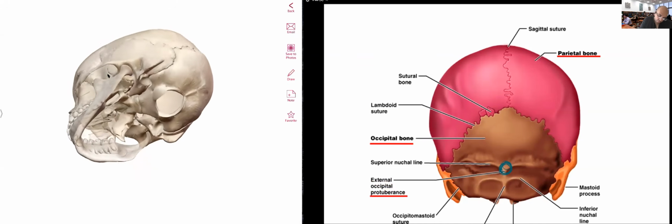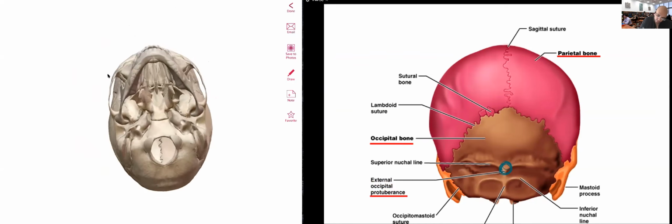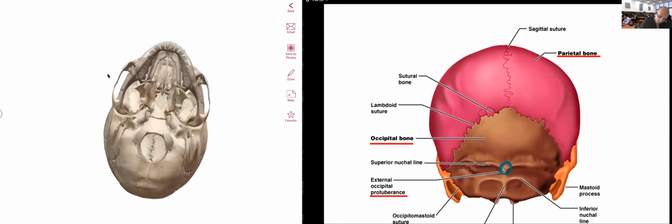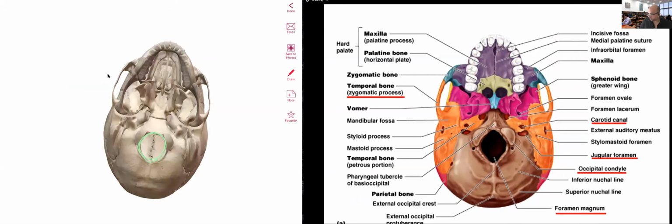What other important marking do we need to look at here? It's going to be this large hole at the base of the skull. If you are looking from outside, you'll see this large hole here.